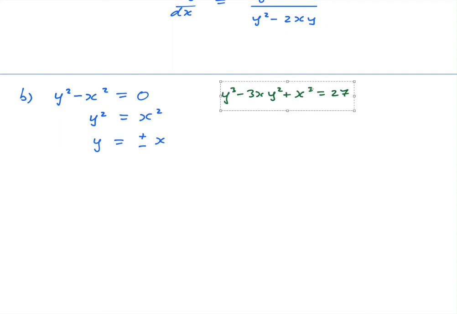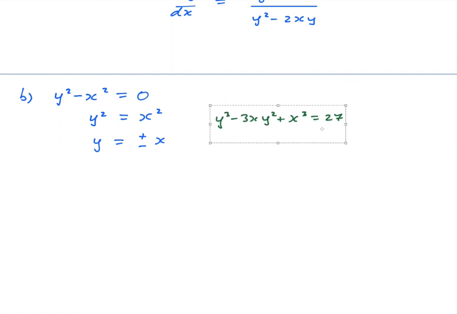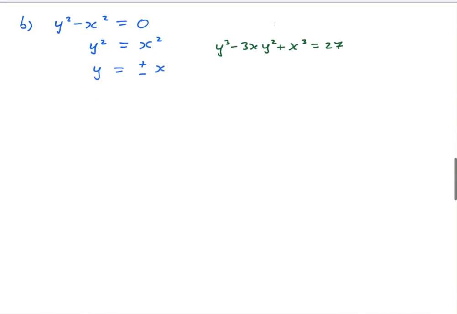I need to find the coordinates where y is equal to x and negative x, and it satisfies this. So what I'm going to do is sub in x for y. So when y equals x, let's do this one first.